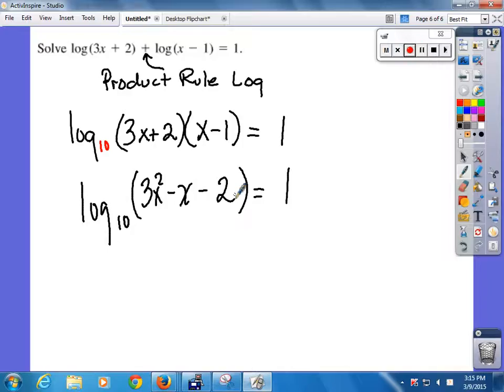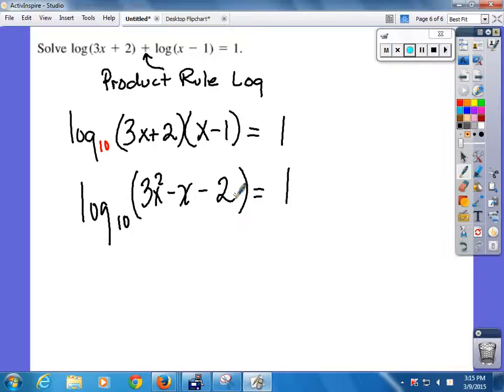Yes, sir. Change that 1 to log 10. You could change it to log base 10 of 10, and that's equal to 1. Not going to help you very much. You could set them equal to each other, but I don't know if that would give you the correct answer.